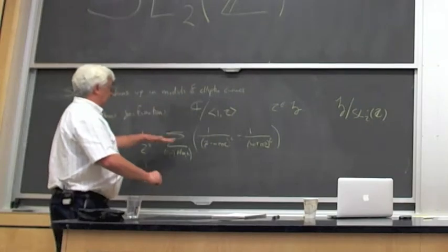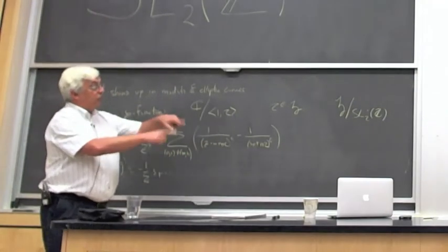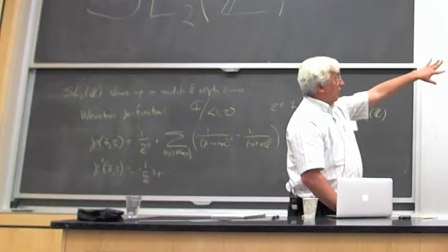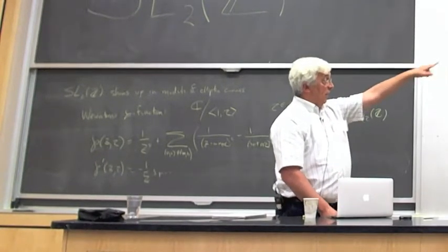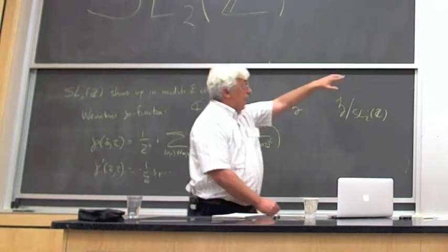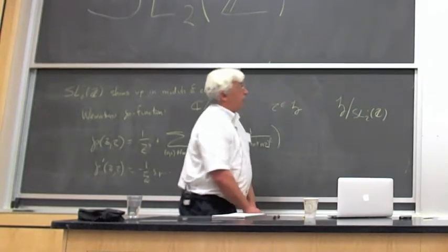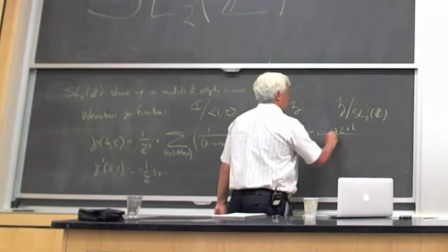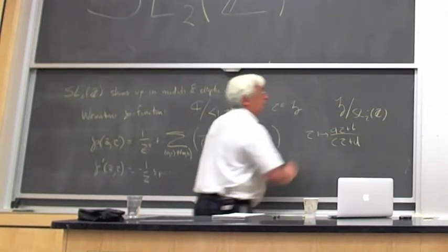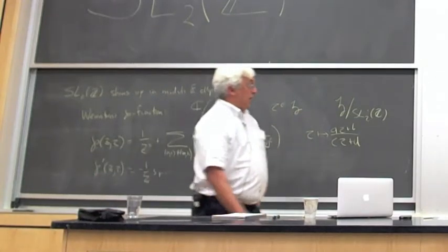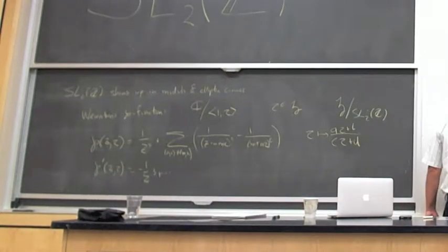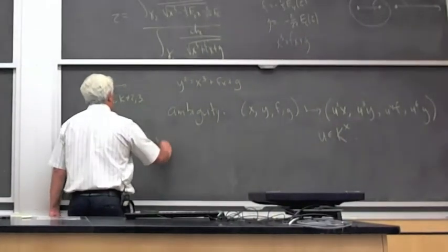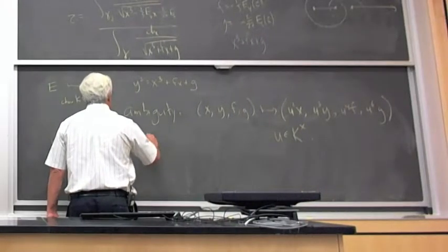Sorry, I forgot to mention how SL2Z acts on here, but if you change basis from one basis of first homology to another, you end up acting on the ratio by a linear fractional transformation: tau goes to (a tau plus b) over (c tau plus d). And there's no fine moduli space, but these days we understand that there is a moduli stack.